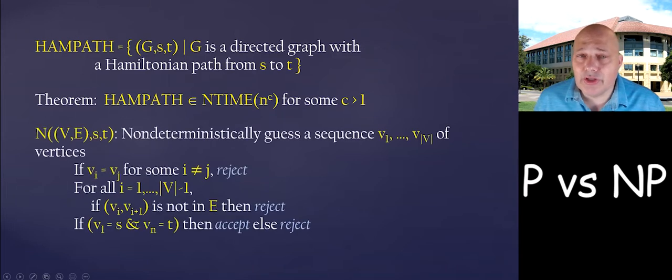And what we'll do here is, surprisingly or not surprisingly, almost exactly the same. Non-deterministically, you guess the path, which is just a sequence of nodes, V1 up to Vn. And now you verify that this path is a Hamiltonian path between S and T. So you check that V1 is S, Vn is T.